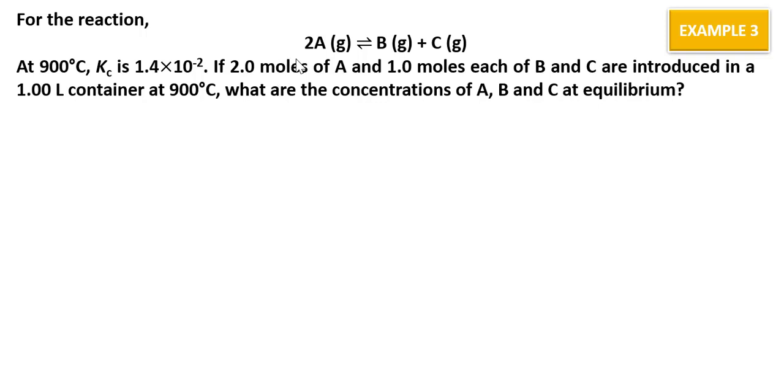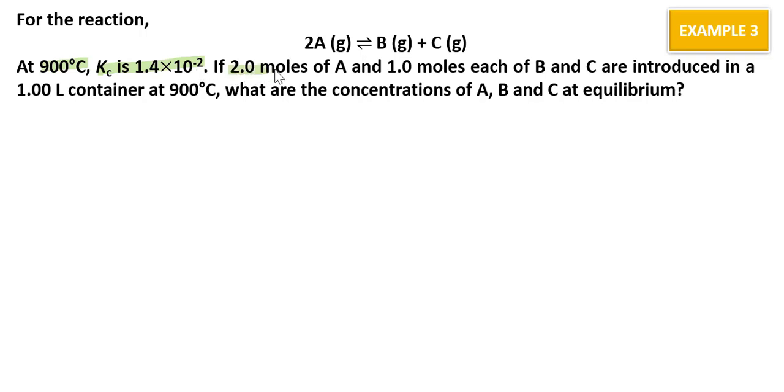In this example, we are going to solve a problem when the reactants and product are initially present in the container. So we have 2 moles of A gas in equilibrium with 1 mole of B gas and 1 mole of C gas. At 900 degrees Celsius, the Kc is 1.4 times 10 to the power of minus 2.